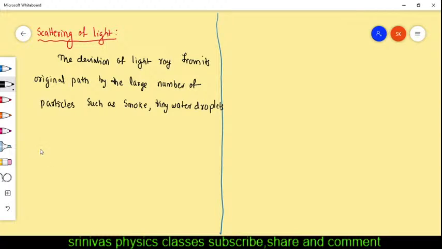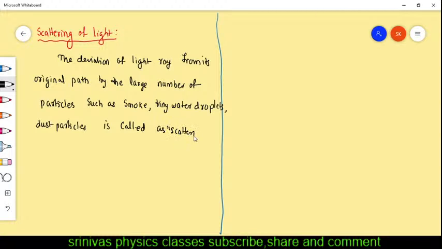Tiny means small. Dust particles is called as scattering of light.